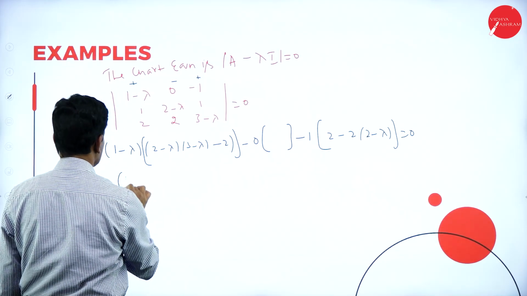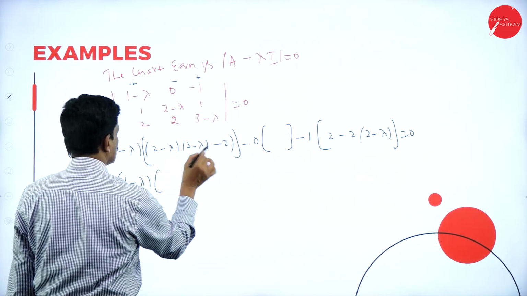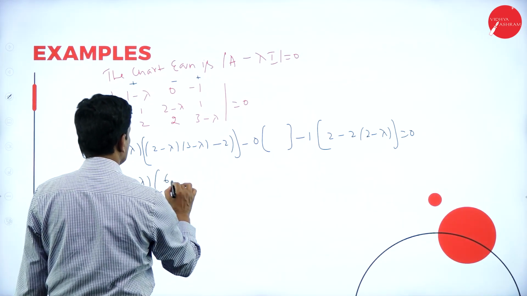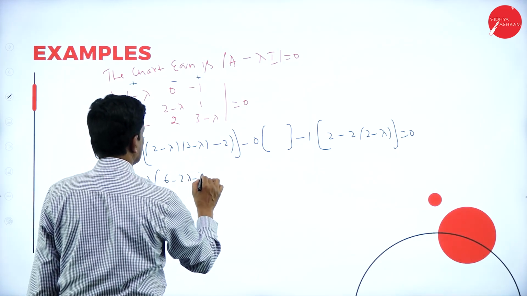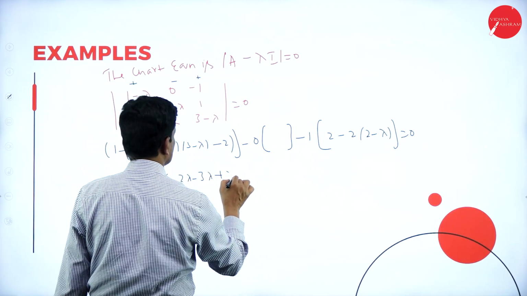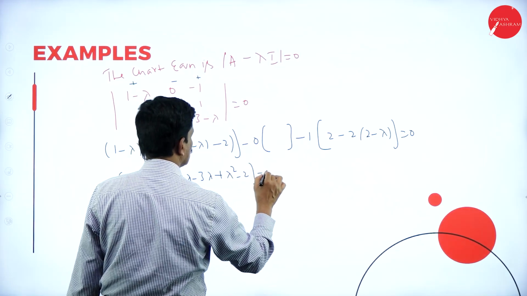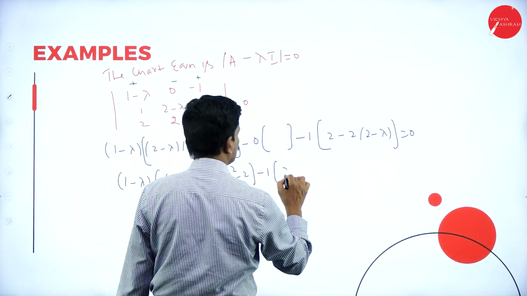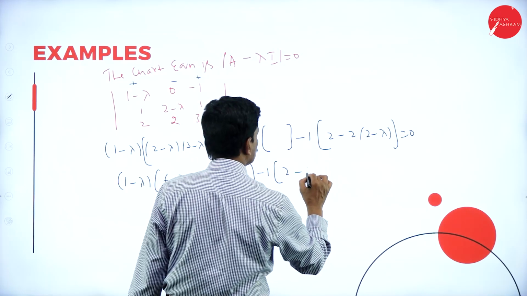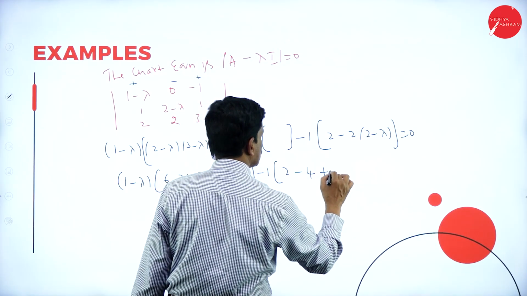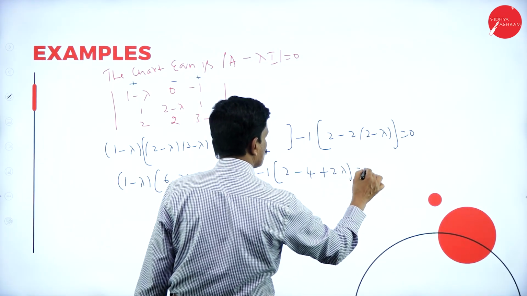Now this is 1 minus lambda into, simplify this, 2 3s are 6, minus 2 lambda, minus 3 lambda, minus into minus plus lambda square, minus 2, minus 1 into, multiply by 2, 2 2s are 4, minus into minus plus 2 lambda is equal to 0.